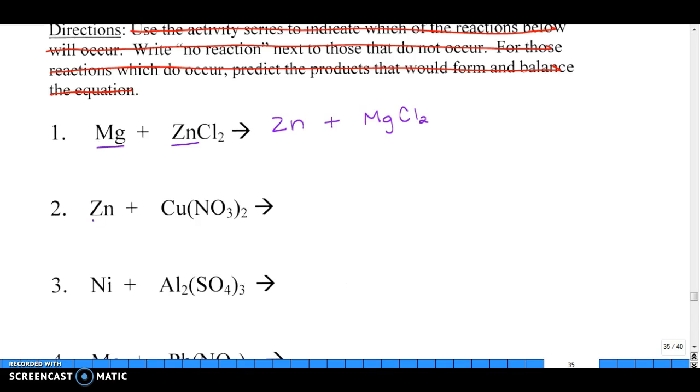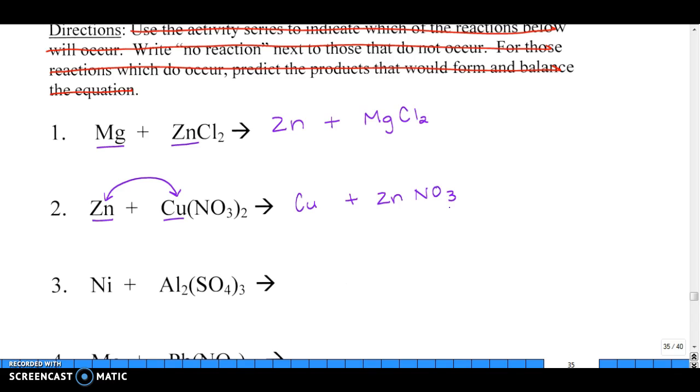Zinc and copper are both cations when part of ionic compounds. So again, in this single displacement reaction, our zinc and our copper are going to switch places. So copper is going to become its own element by itself, and zinc is now going to be bonded with nitrate, NO3.